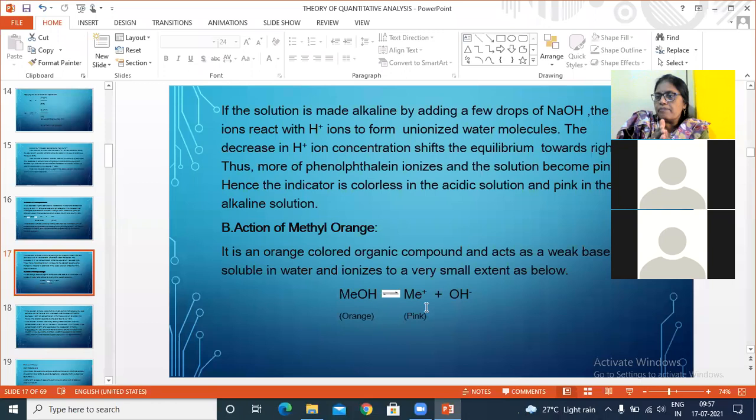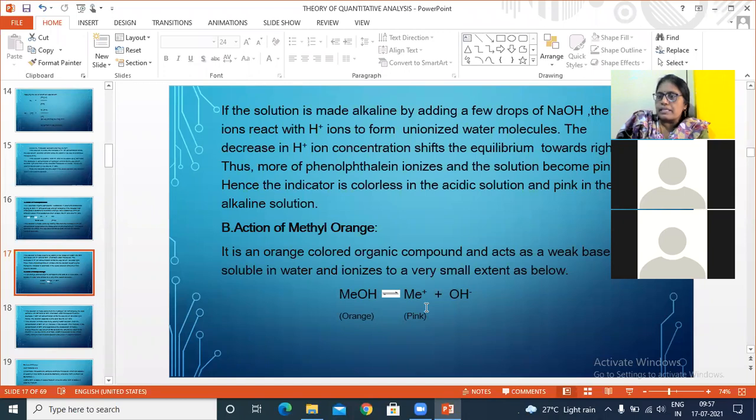In basic medium, for example in the presence of sodium hydroxide, NaOH, which dissociates into Na plus and OH minus, the OH minus ions are generated from the base, and from the methyl orange indicator we again expect OH minus ions. So the OH minus ion concentration increases in the solution.